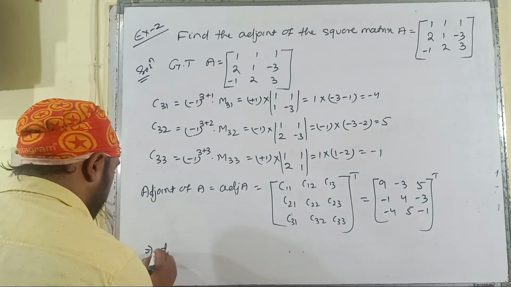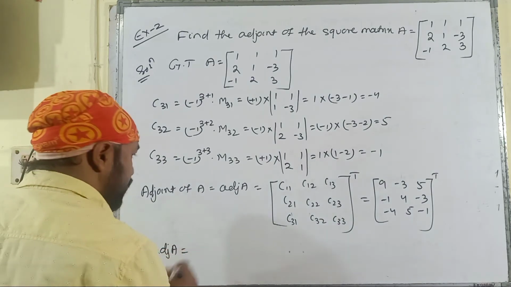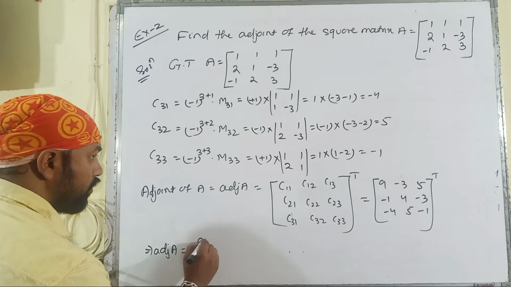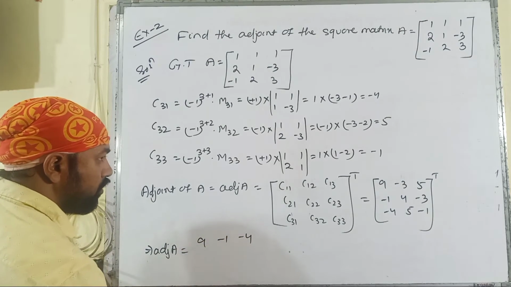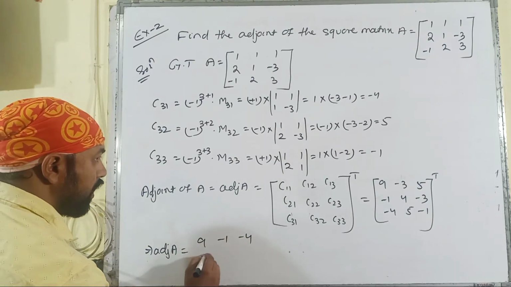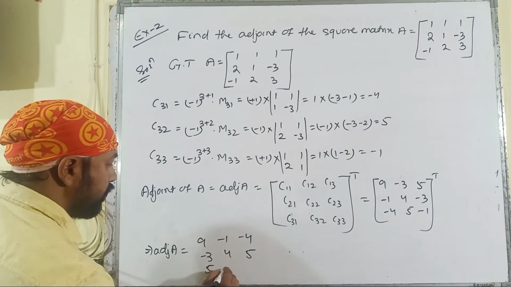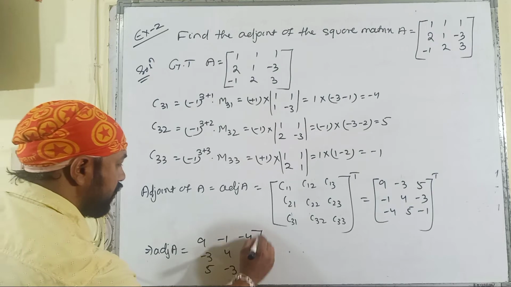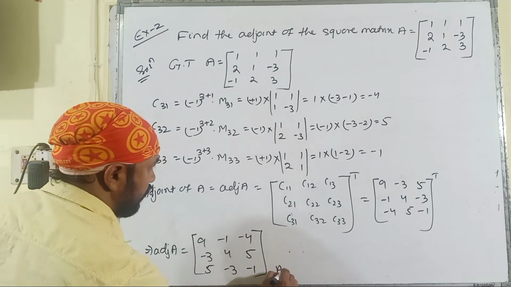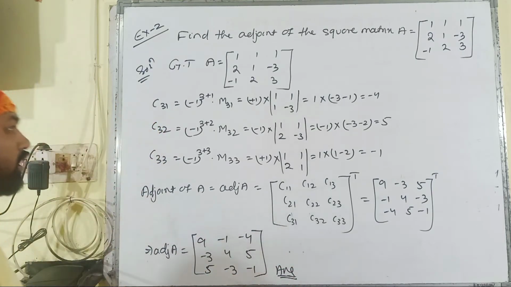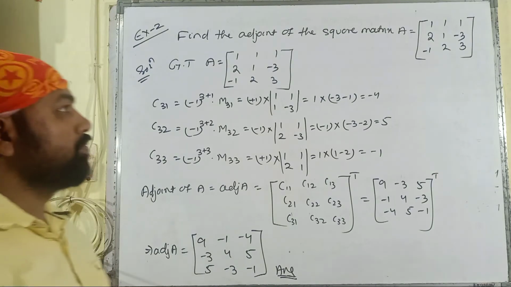So adjoint of A is equal to 9, minus 1, minus 4, then minus 3, 4, 5, then 5, minus 3, minus 1, and this is the answer. So here is the solution for problem number 2.